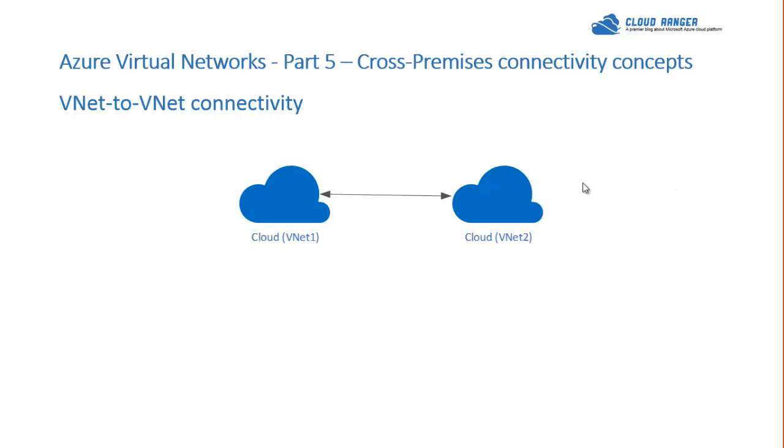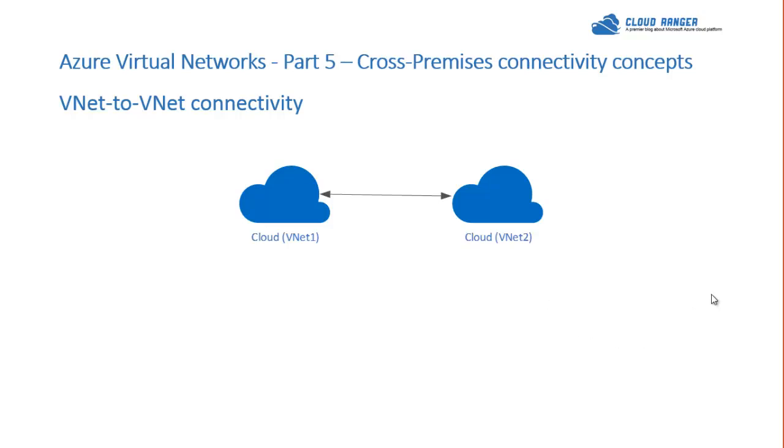So it doesn't matter where or who this other VNet 2 is. It could be a totally different organization, and you are creating a tunnel between yourselves for whatever business-to-business logic or something you're trying to accomplish.